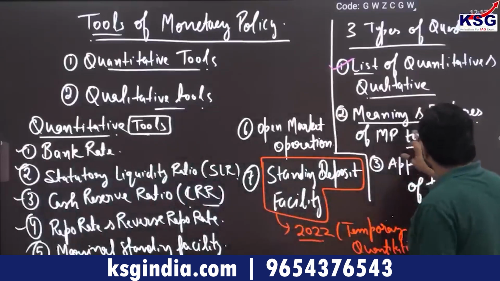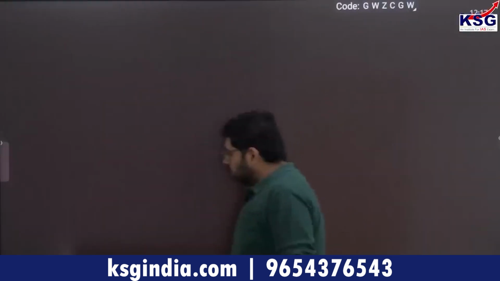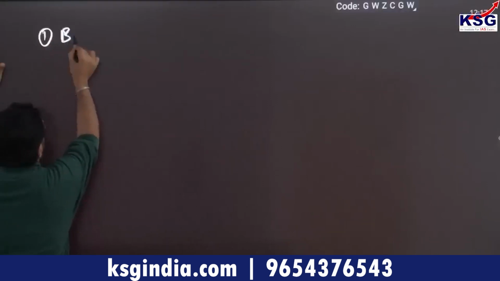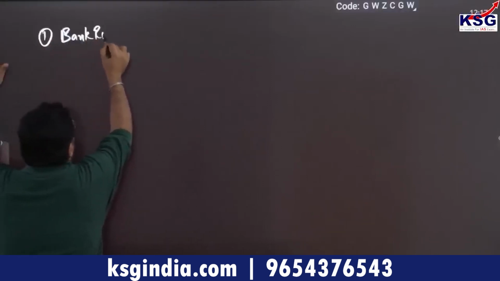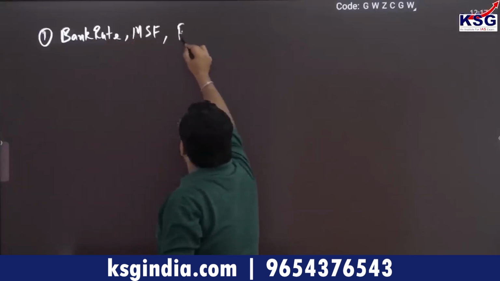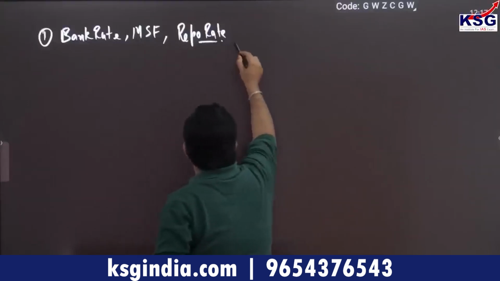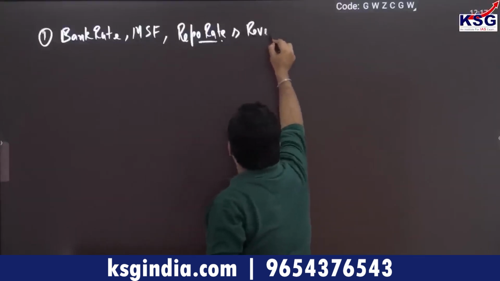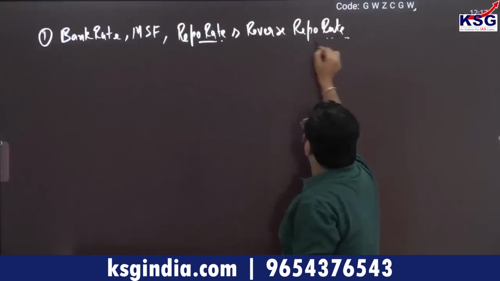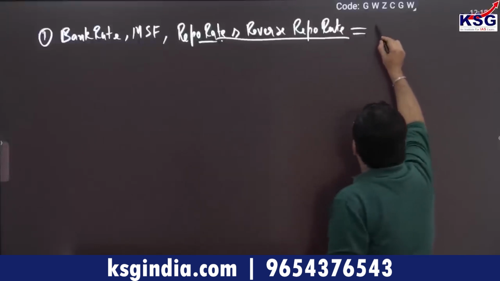Now we'll first start with the meaning and features of monetary policy tools. First of all, I would like to say here that bank rate, MSF, repo rate and reverse repo rate, these 4 tools work together.